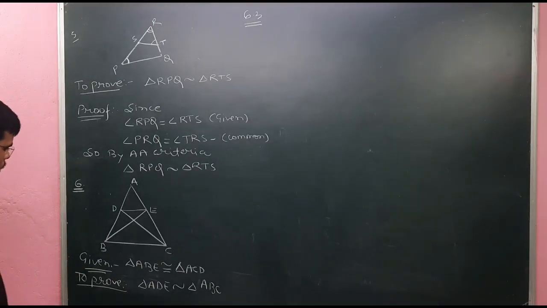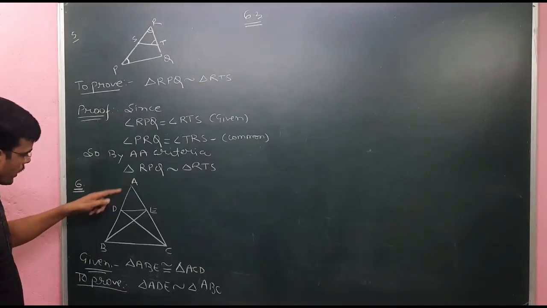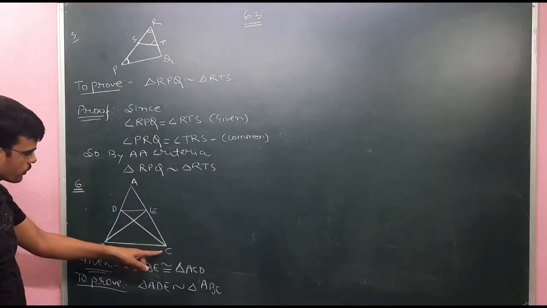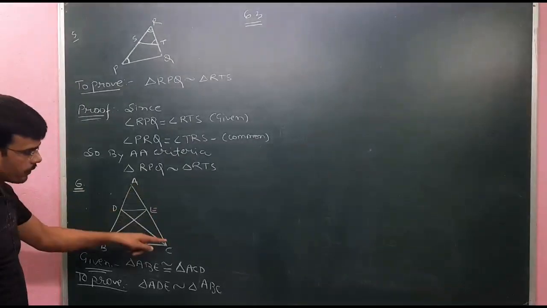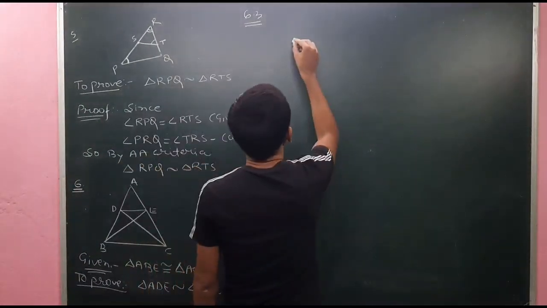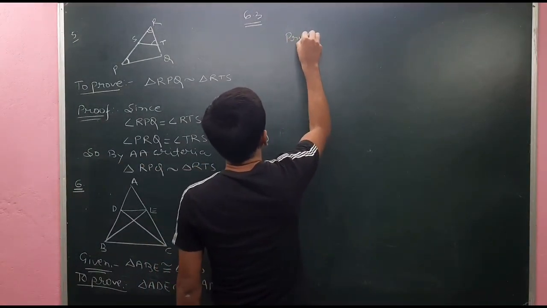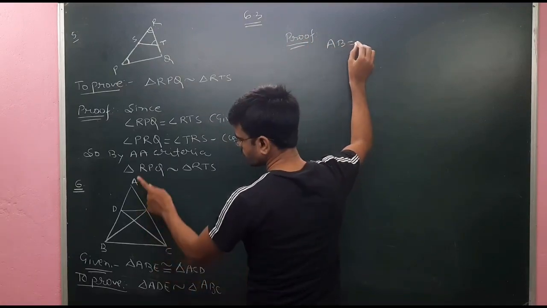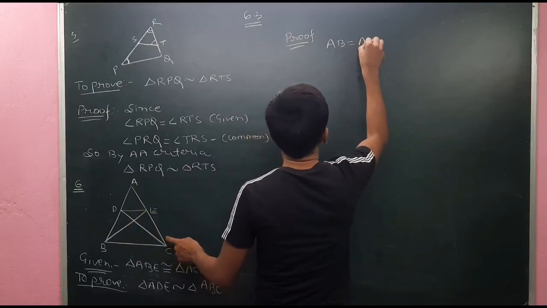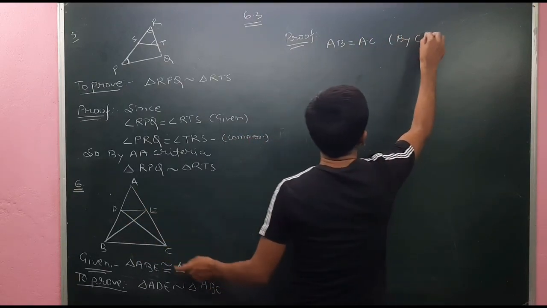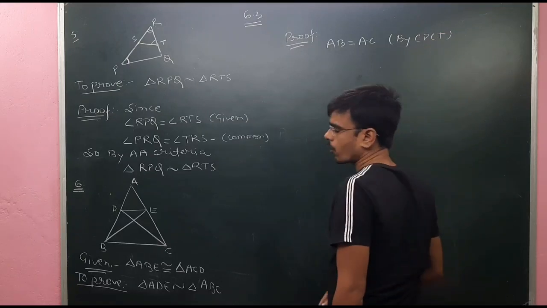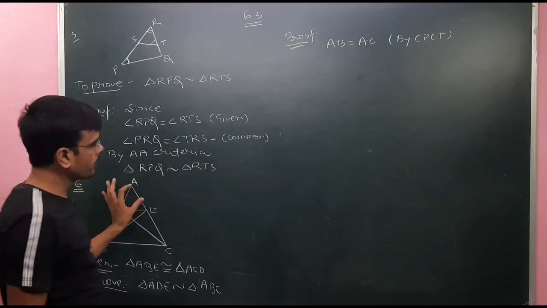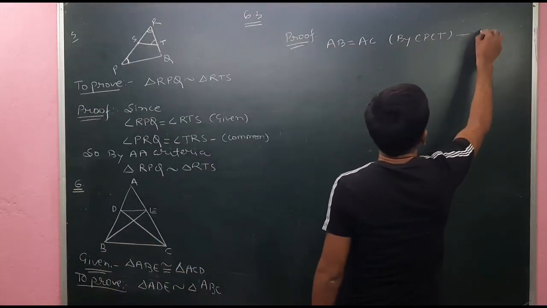Since triangle ABE and triangle ACD are congruent triangles, AB is equal to AC by CPCT. See the proof here. AB is equal to AC by CPCT, corresponding parts of congruent triangles, and this is number first.